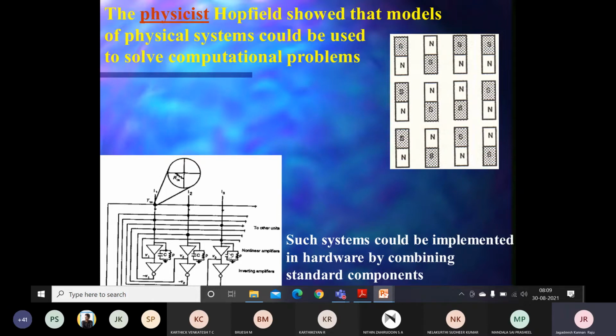This may be considered a nonlinear amplifier, and a triangle with a bubble may be considered an inverting amplifier. Like that, physical systems can be implemented in hardware by combining resistors, capacitors, transistors, JFETs, MOSFETs, etc.